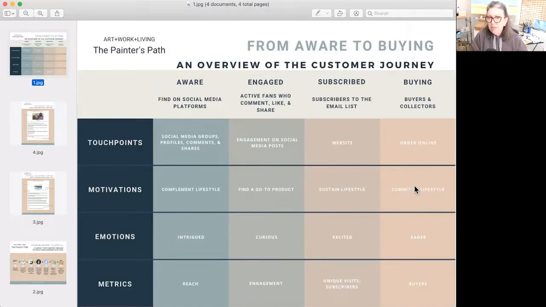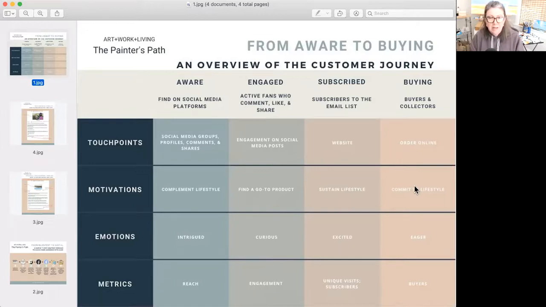So in the previous stage, they may have interacted with you on someone else's profile, someone else's page, and been attracted to what you had to say, to the content that you shared. In the engaged phase, they're moving to your platform, your social media hub. They're moving to your Facebook business page or your Instagram business profile. And there they are engaging on your social media posts.